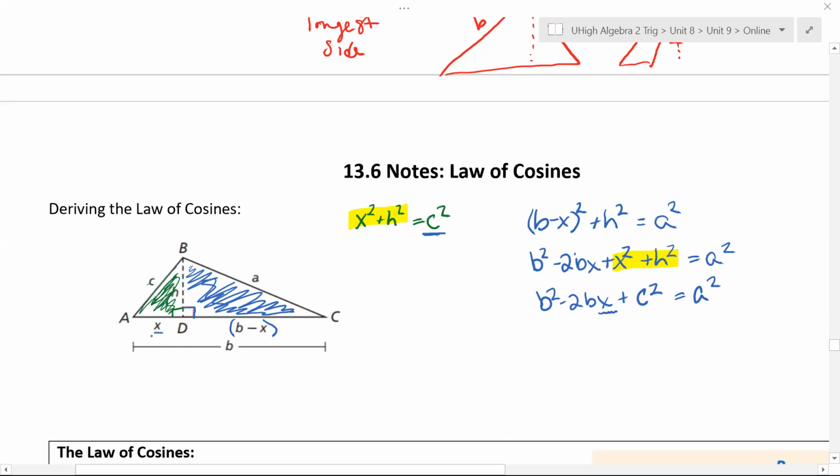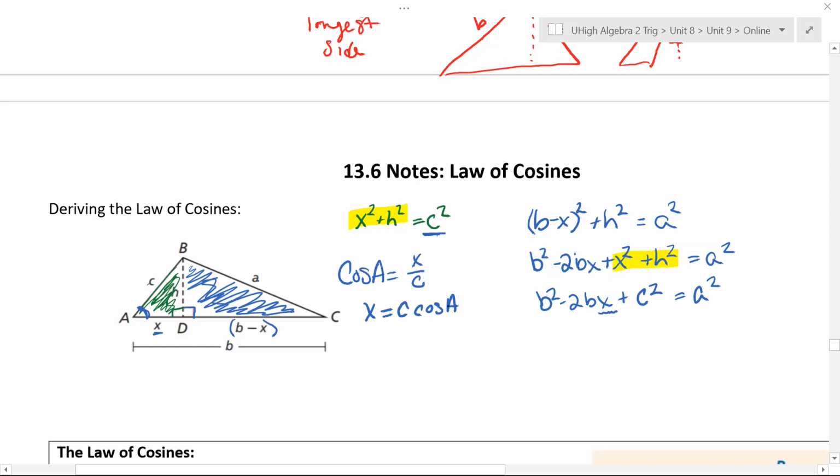If I look from angle A, because that's the triangle this is in, I want to look at my adjacent. So I can take the cosine of A, which is equal to adjacent over hypotenuse. So I know that x is equal to c times the cosine of A.